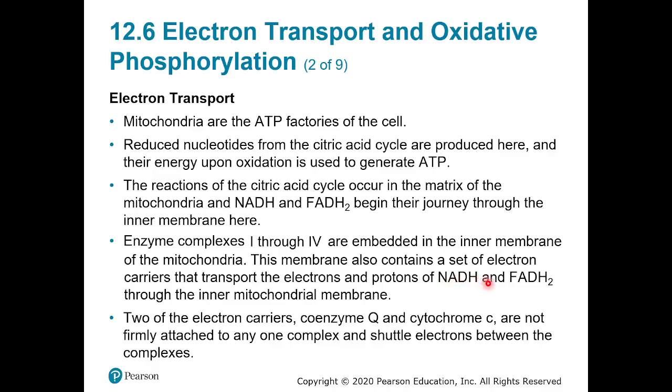That's that proton. Okay? And our FADH2, of course. So, these are going to move them through the inner mitochondrial membrane. Remember, the protons can't just move through a membrane, right? Because they're positively charged. The membrane is going to be nonpolar, right? It's not going to allow positive or negative charges through it.